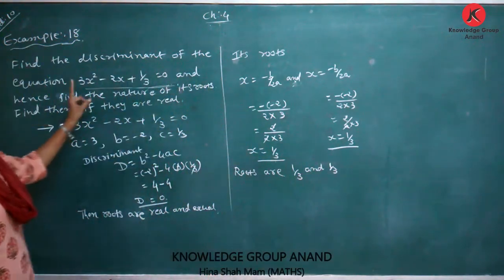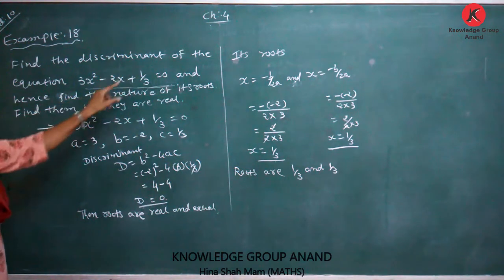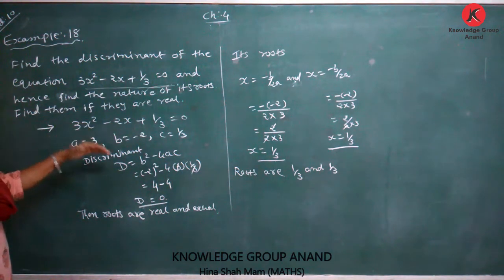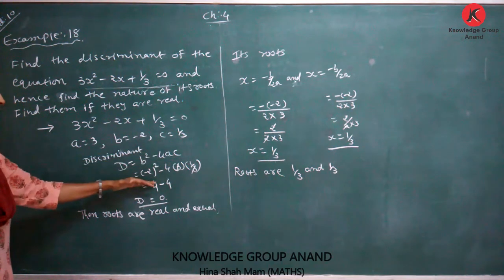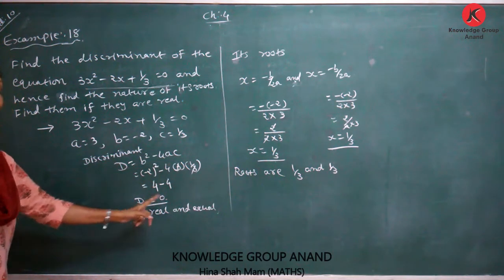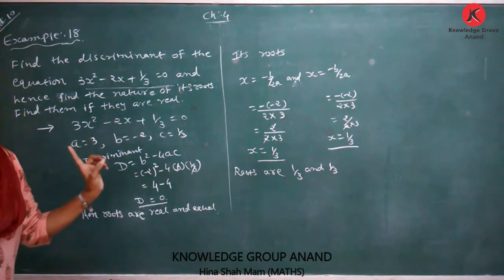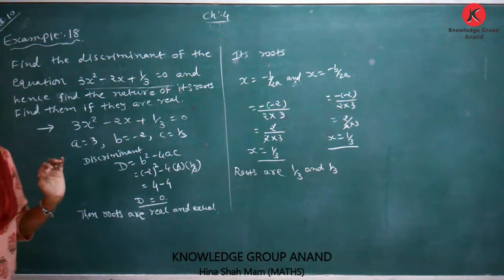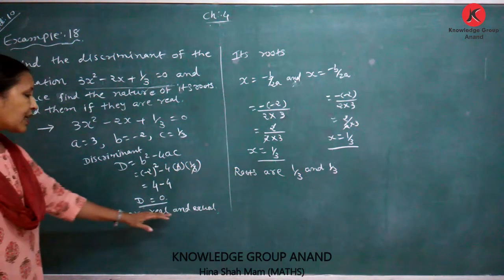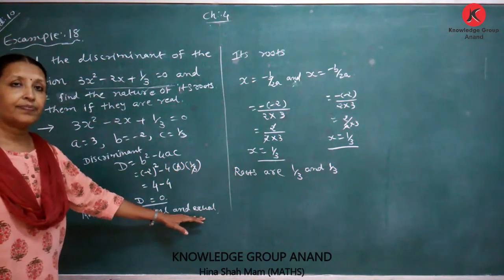Okay? Again, find the discriminant of this equation using the formula D = b² − 4ac. We get D = 0. If D = 0, then the roots are real and equal.